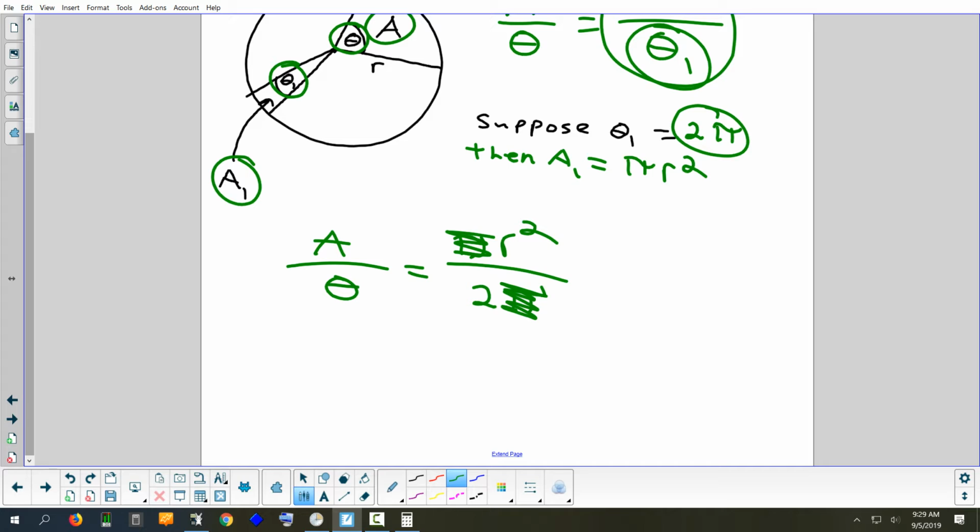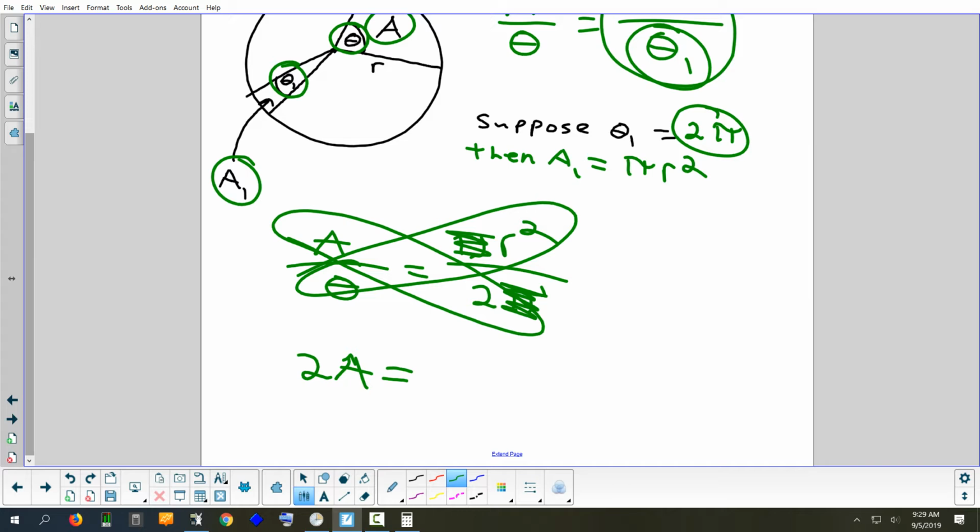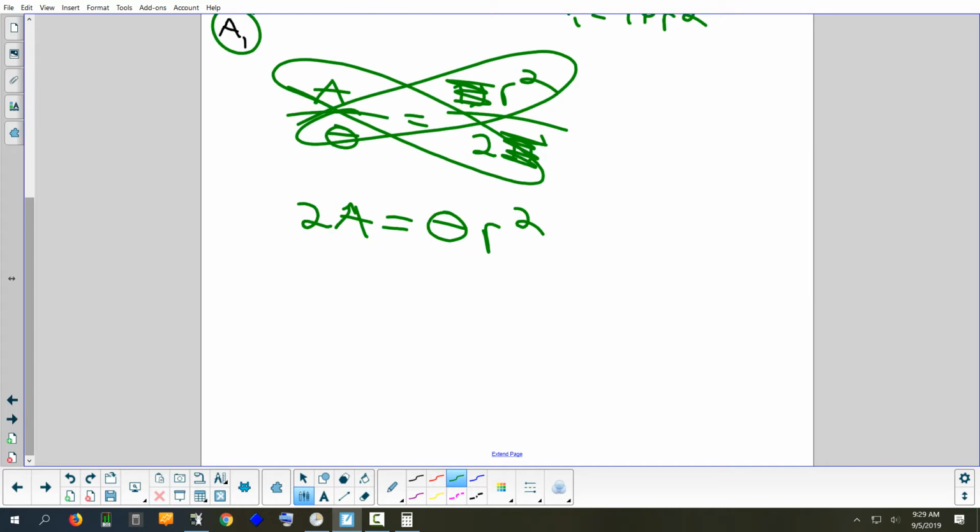Now cross multiply. 2 times a. That's 2a. And then theta times r squared. Now, my goal is to come up with a formula for area. Right now I have a formula for double area, 2 area.